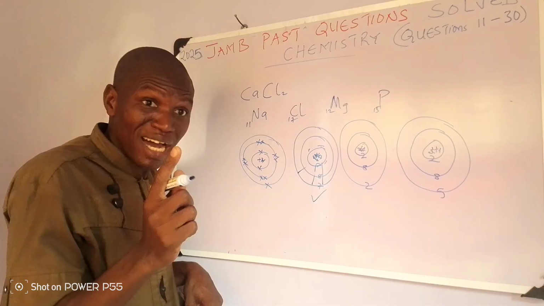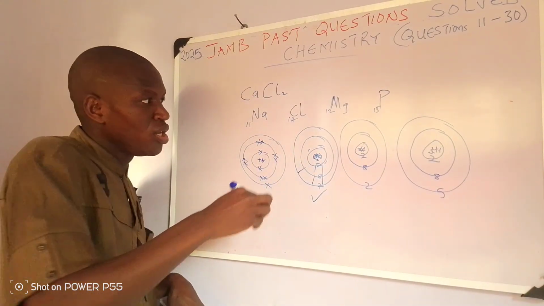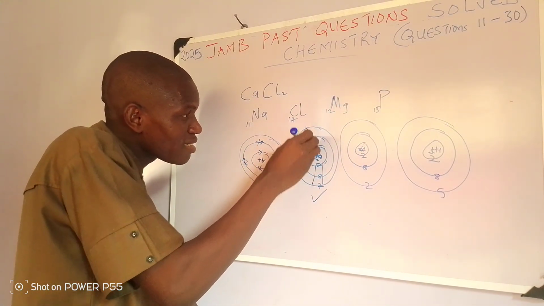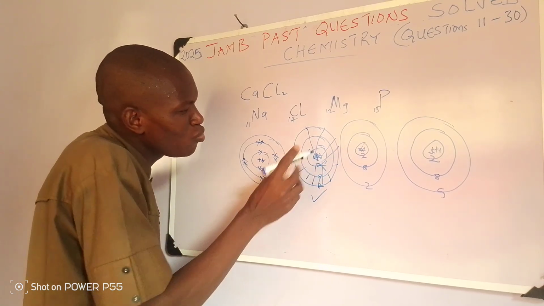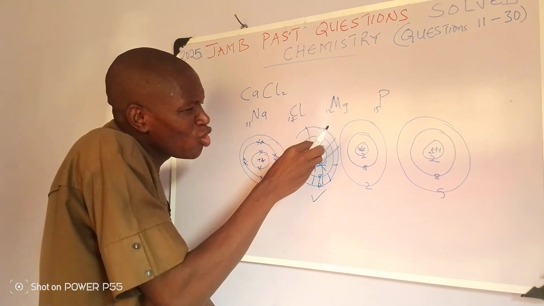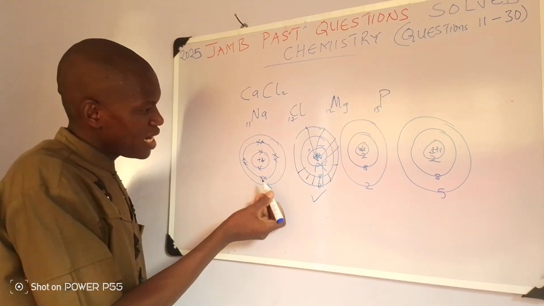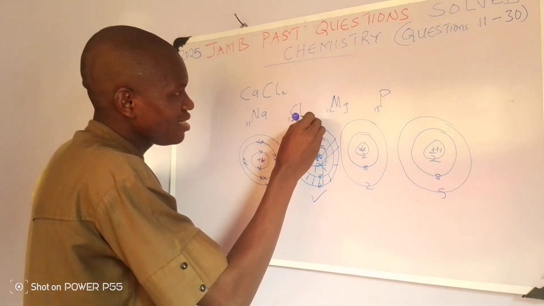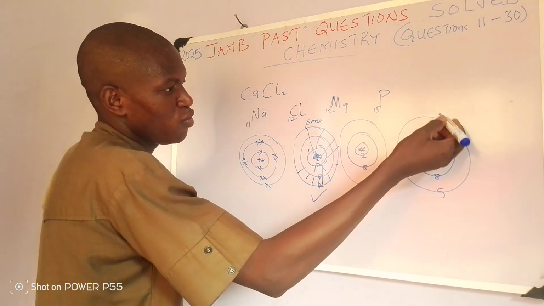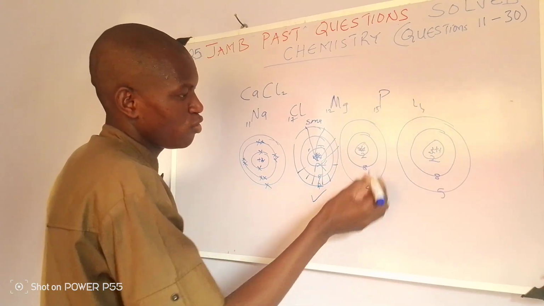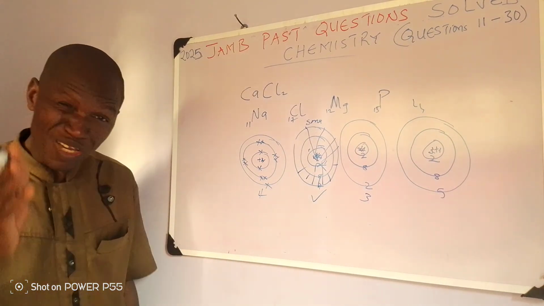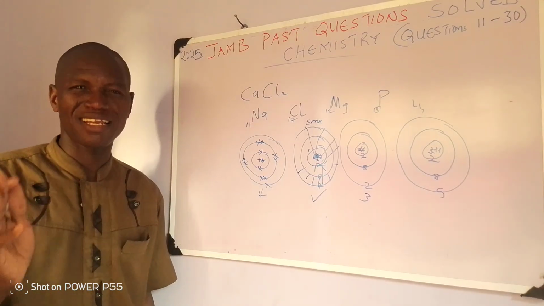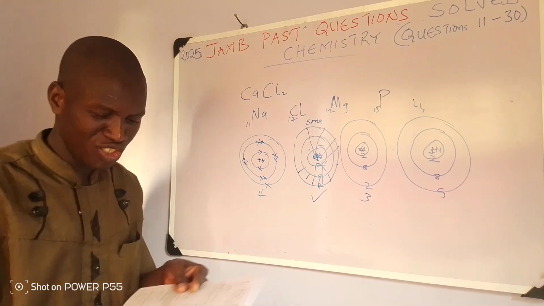Because we have 7 in the outermost shell, and all these 7 want to be attracted to the positive center, they will help to pull this outermost shell closer to the center, unlike here. So we can even number them. This is the smallest, followed by this that has 5, followed by this that has 4. This will be number 3, and lastly sodium. I hope this is clear. I just hope it's clear. If it's not clear, please let me know in the comment section.